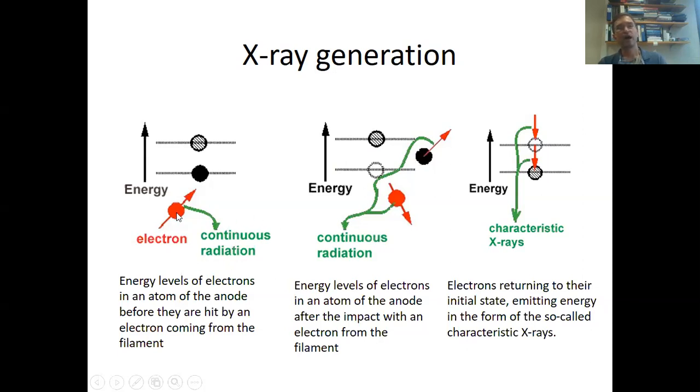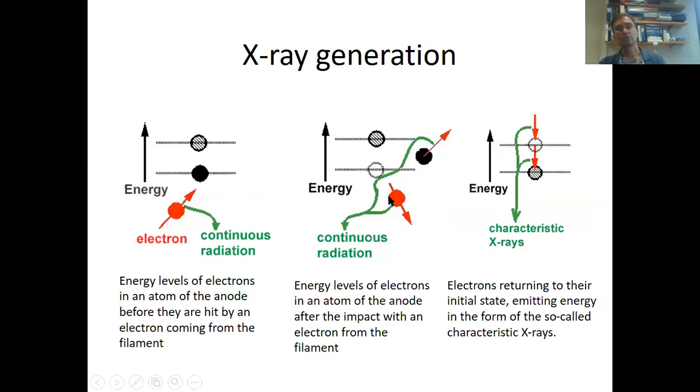Then our electrons hit the electrons within the atom, and they are so fast that they can eject electrons from an inner shell of the atom, and that shell can be as low as the innermost shell, the K shell. That produces an ejected electron, in addition to the incoming electron.